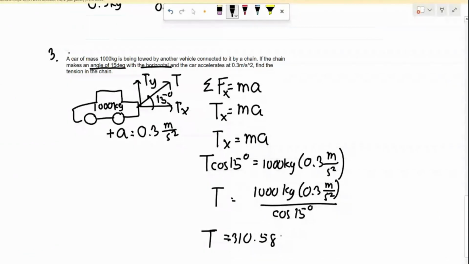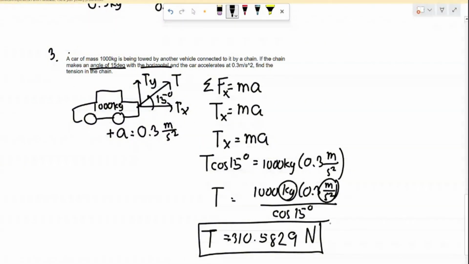Of course, sir, ano po ang unit? Again, unit analysis natin, kilogram meter per second squared would be in Newton. So this would be the answer for problem number 3.